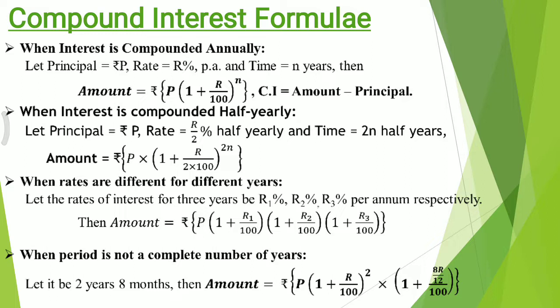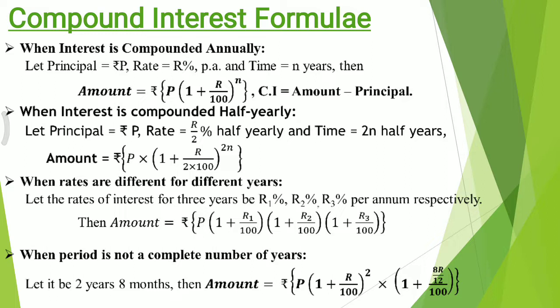For example, 2 years 8 months, 4 years 6 months, likewise. Compound interest can be calculated year by year, or directly by using the formula. First we can see what formulas we can use for calculating compound interest.